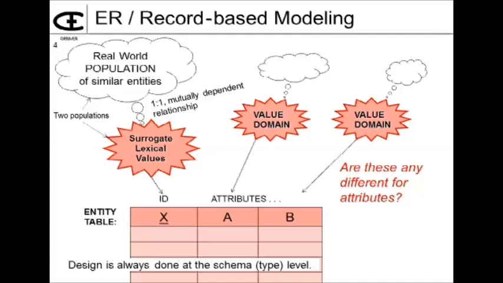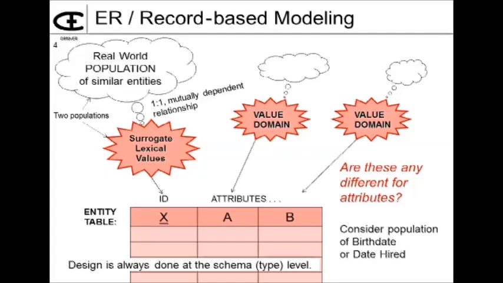And you started telling me things like optionality and single valued and all that kind of stuff. But those are characteristics of the relationship. What it says about A or B is no less, no more than what it says about X. There exists a population of things we're going to represent by values in the database.